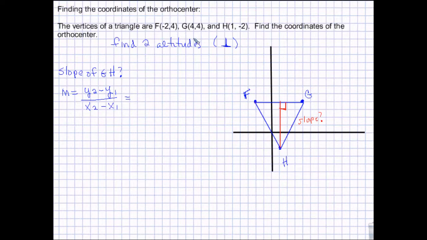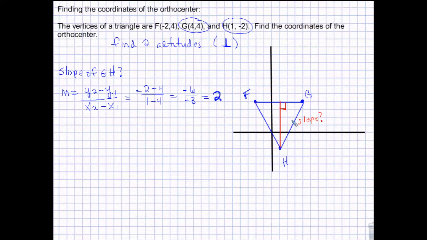So GH, using these points, so I have -2 minus 4 and then 1 minus 4, which gives me -6 over -3, which gives me a +2. So the slope of GH is 2, so then I need to figure out, okay, what slope is perpendicular?